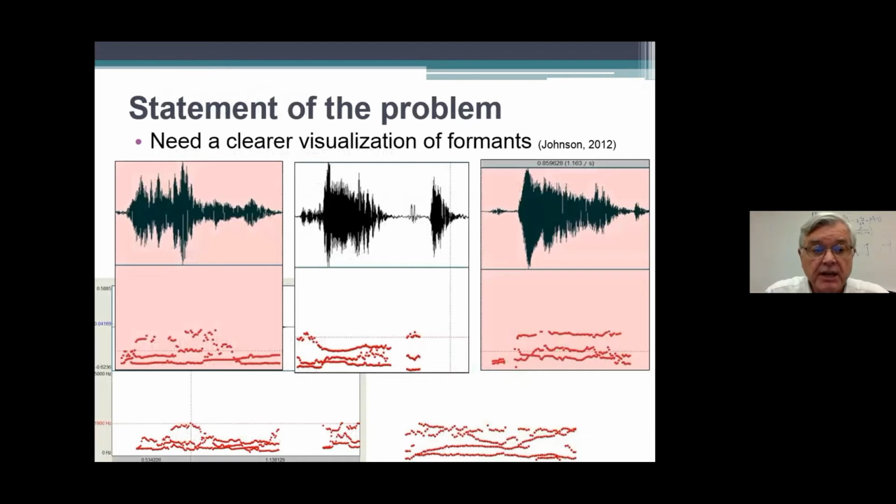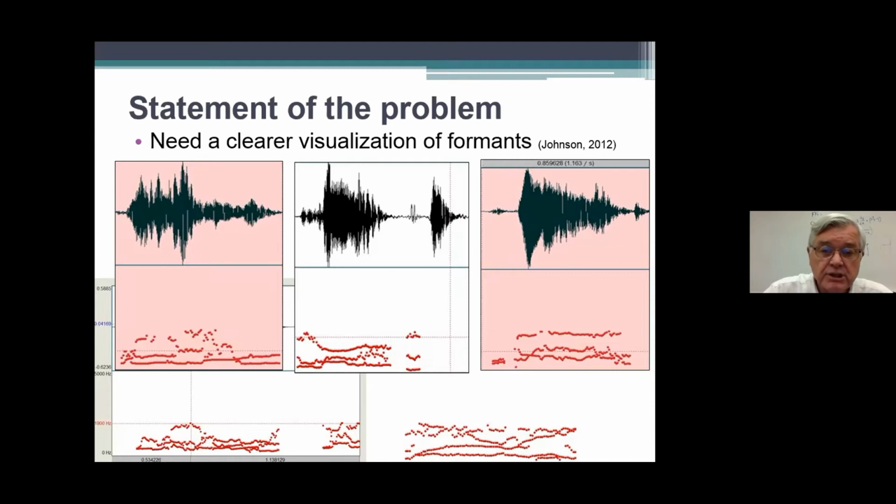So here's the statement of the problem: we need a clearer visualization of formants as defined by Johnson and Fant and Ladefoged and a variety of other researchers. I'm using this slide only to show that there are variations in formant. They are irregular. They sometimes come closer, they sometimes diverge, they merge, and they mix in ways.